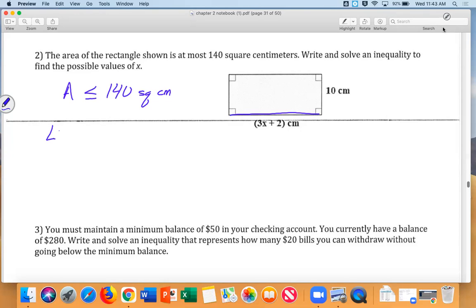Tyler told me area equals length times width. So instead of writing A, I'm going to write length times width is less than or equal to 140. So my length is 3x plus 2, and my width is 10. And I need to figure out the answer to this.